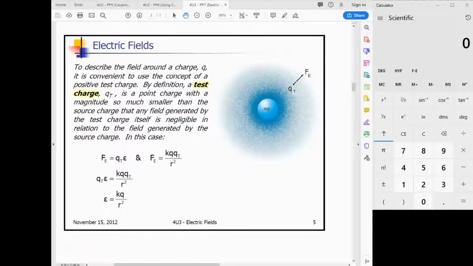For any charge, the electric field generated by it can be calculated as K times Q, which is the magnitude of the charge, divided by the distance squared.